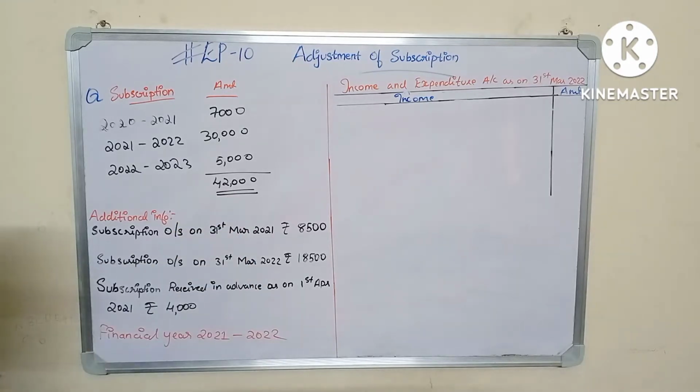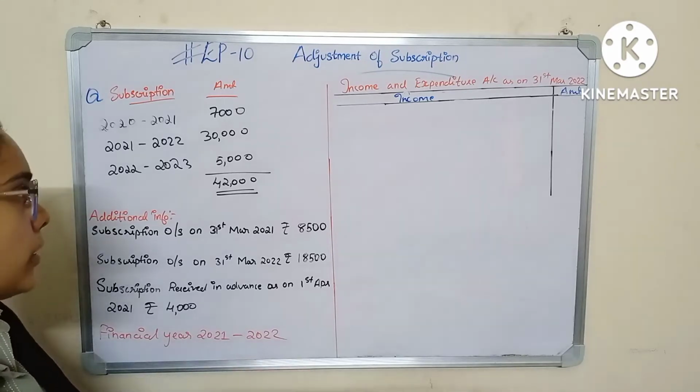And some additional information: subscription outstanding on 31st March 2021 is rupees 8,500. Subscription outstanding on 31st March 2022 is 18,500. Subscription received in advance as on 1st April 2021 is rupees 4,000.